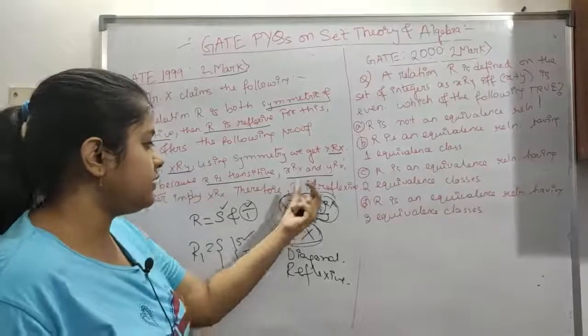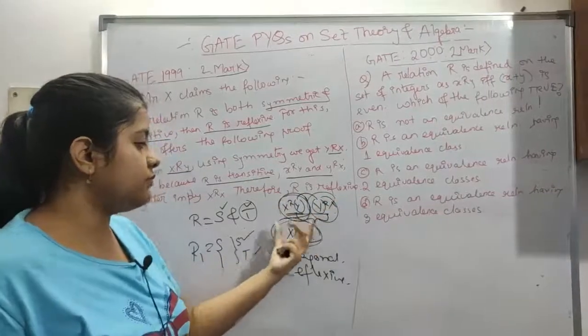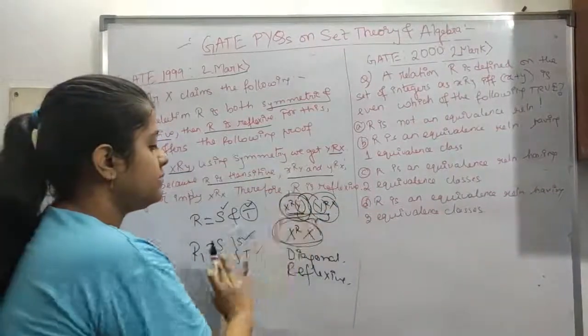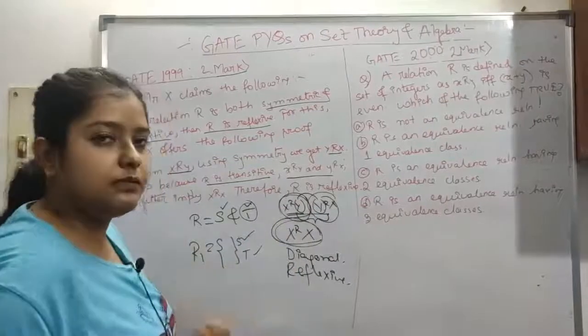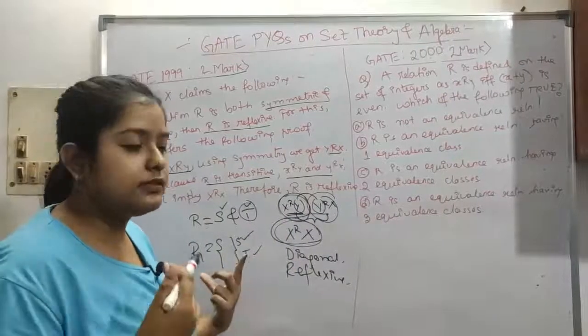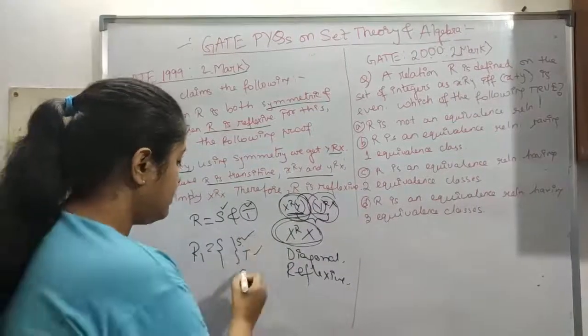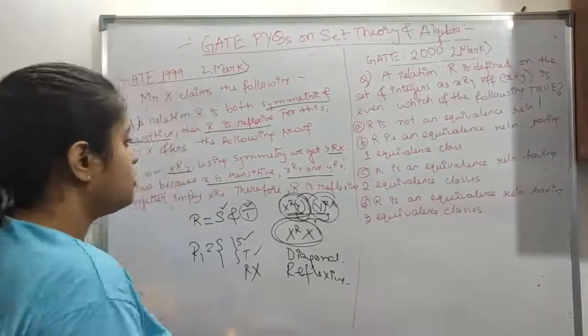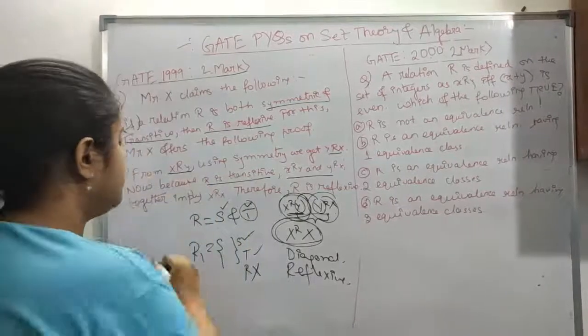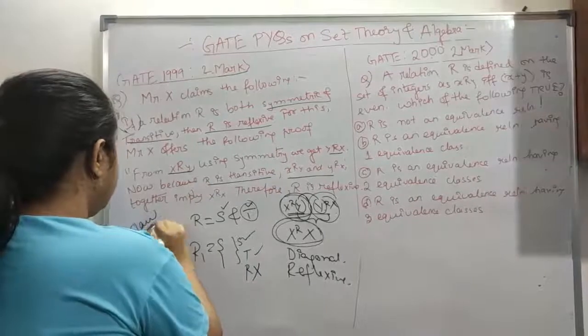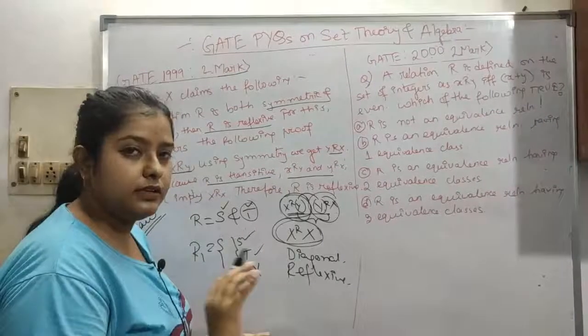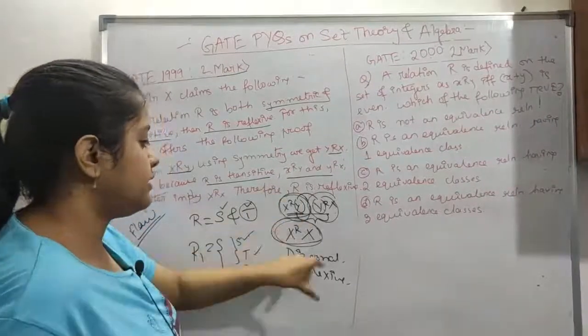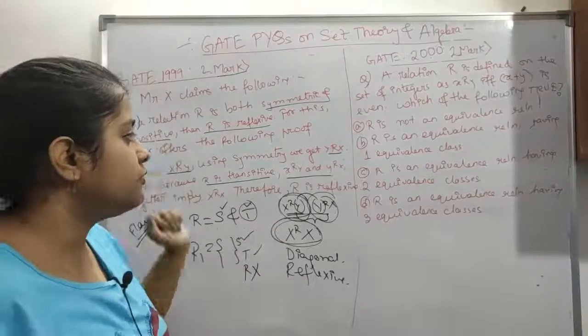If this is present, then this will be present, but if nothing is present, we cannot say this is coming. So we can say this is symmetric and transitive, but not reflexive. There is a flaw in this proof. This is actually a good question.